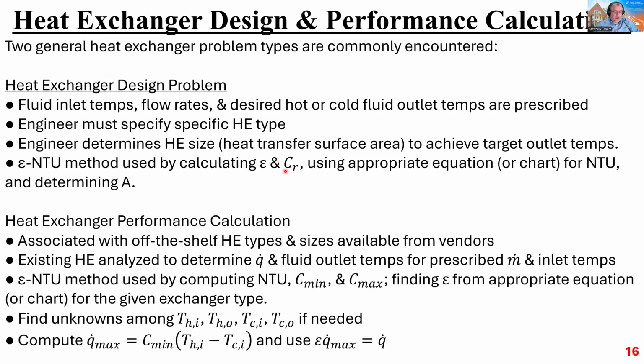So your working fluids are going to have mass flow rates that are known, and they're going to have specific heats, which are known because you select what working fluids you're dealing with. So you can basically calculate these two, and then you're going to use the appropriate equation or chart for NTU ultimately to determine A, right?